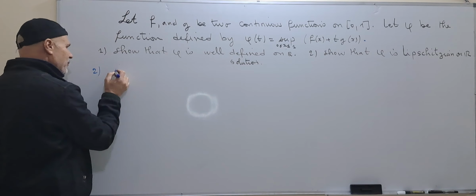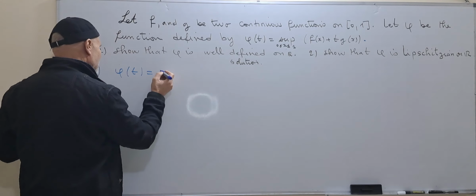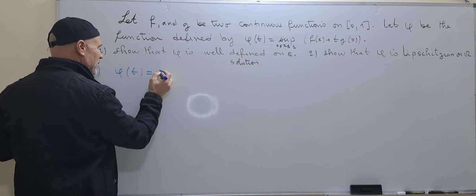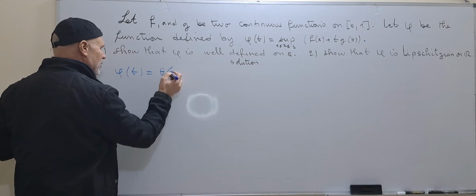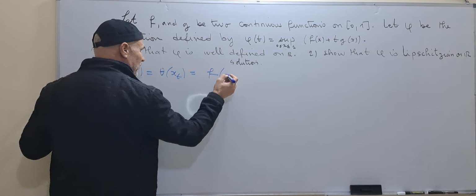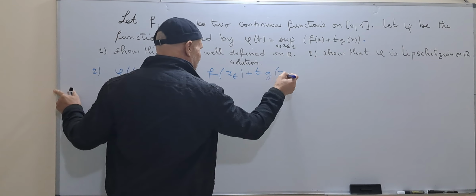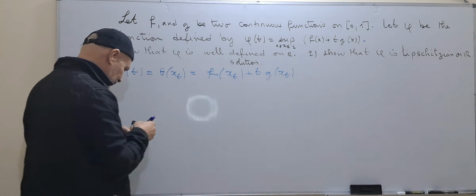We set from the previous question that phi of t is equal to theta of x_t, which is equal to f of x index t plus t g of x index t.